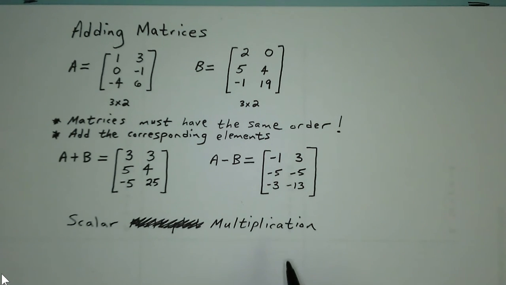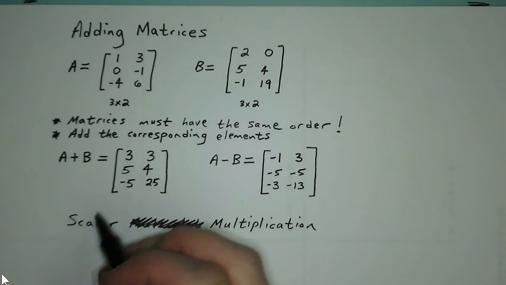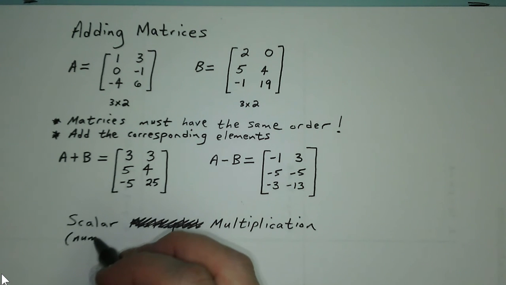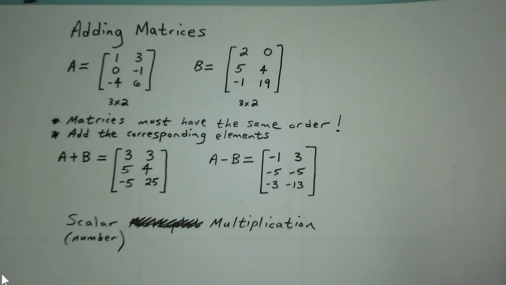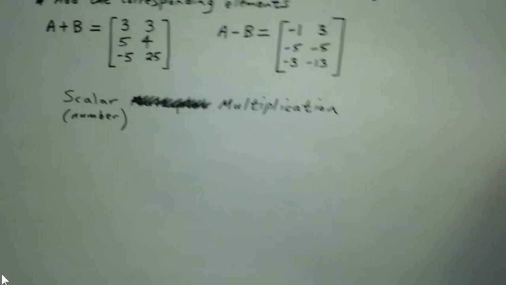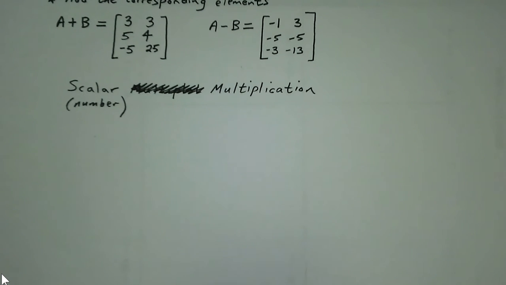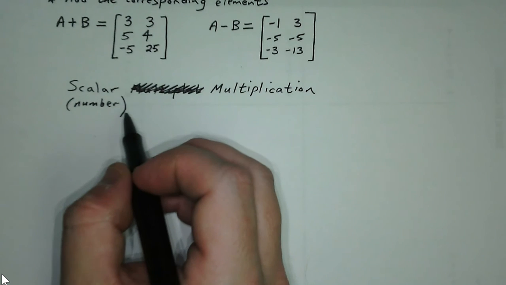So scalar multiplication. What this means is a scalar is a very fancy word that only applies in certain situations. Matrices is one of them. I can only think of one other one right now, but whatever. A scalar is really just a number.